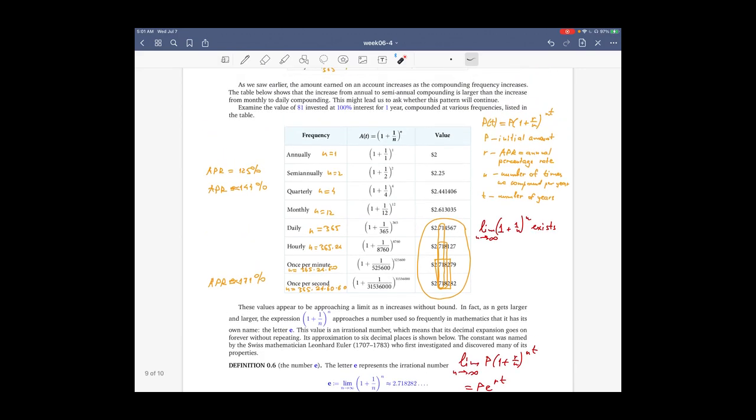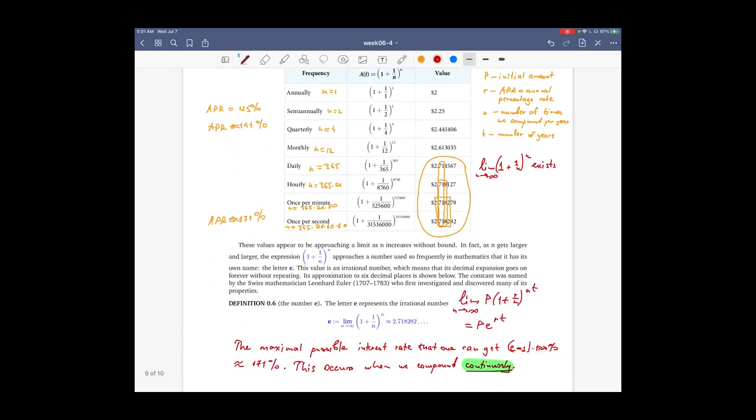In this particular example where P is 1, t is 1, and r is 1, we won't get more than e dollars, no matter how frequently we compound.